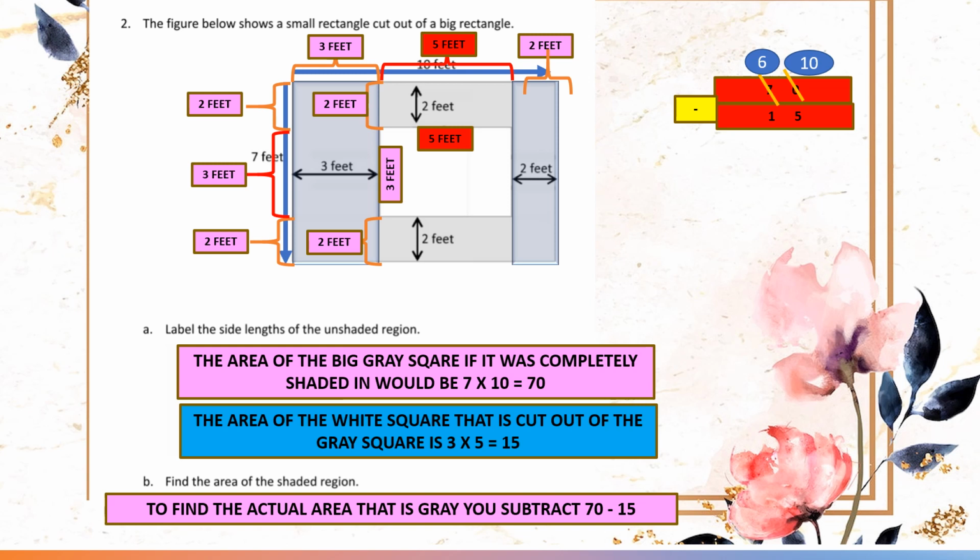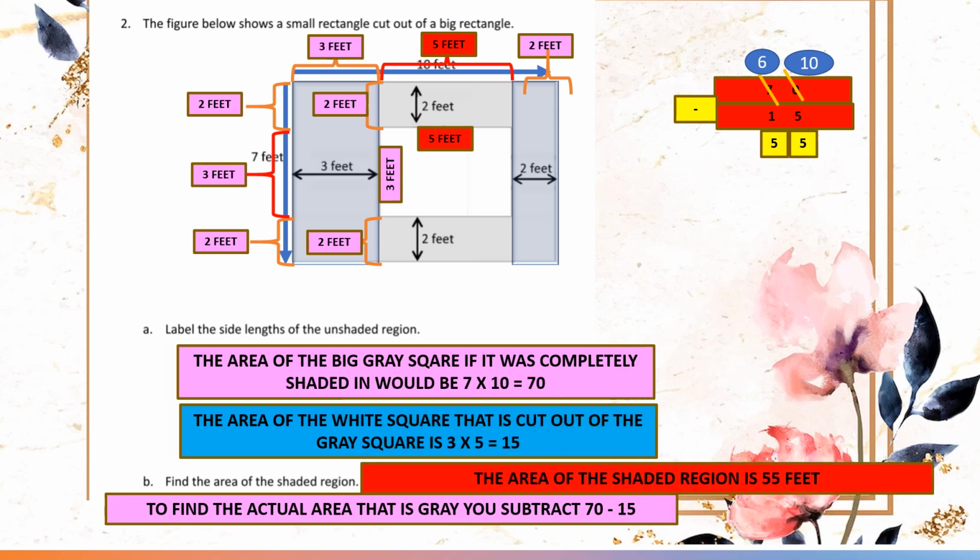Now I can subtract. Well, what's 10 minus 5? That's right, it's 5. And what's 6 minus 1? That's correct, it's 5. So that means that the area of the shaded region is 55 feet.